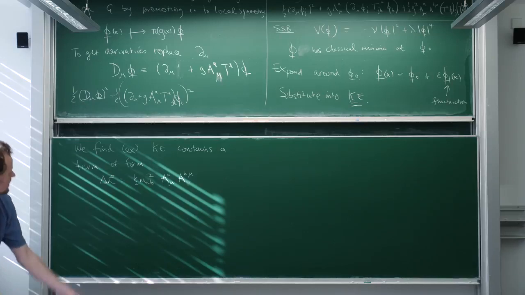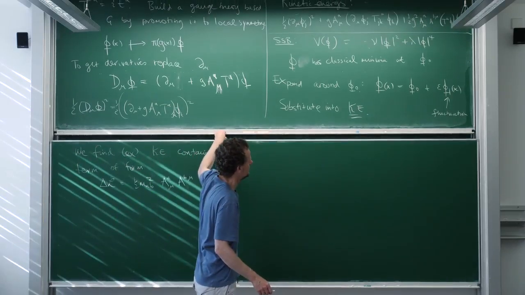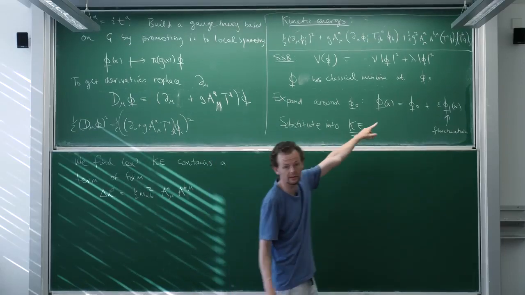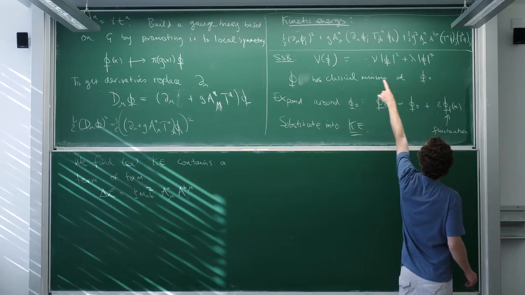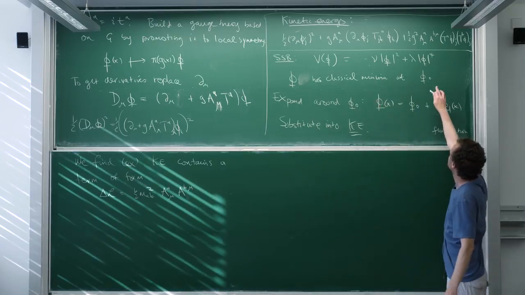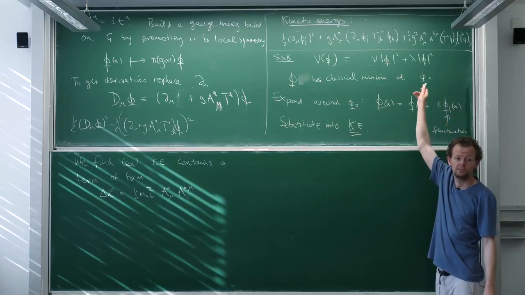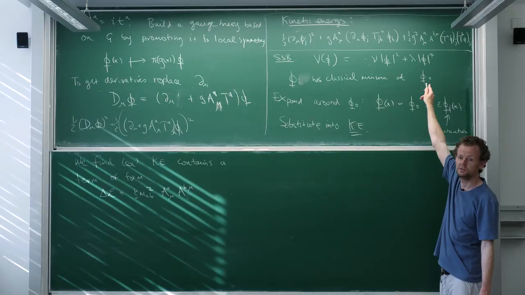So let's try and imagine where this comes from just by looking at the kinetic energy and looking at what we're expanding around here. If we substitute this into the kinetic energy up there, then there's only one place where there's a quadratic term involving the gauge boson, so it's the last term in the kinetic energy.